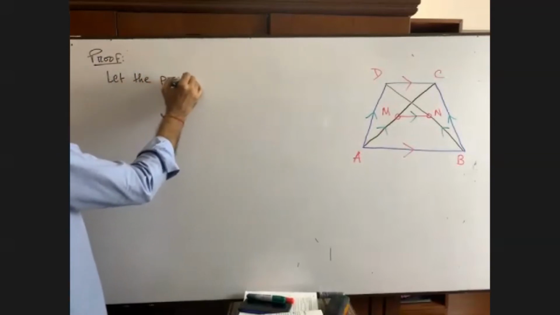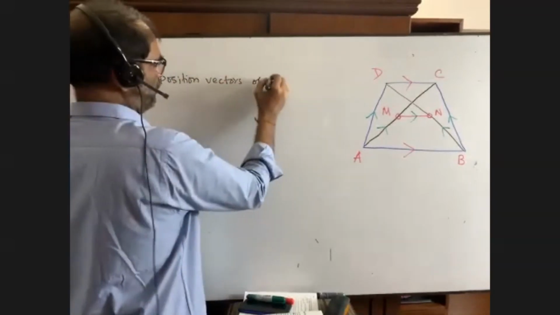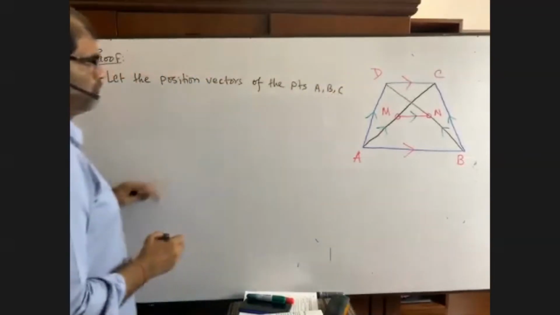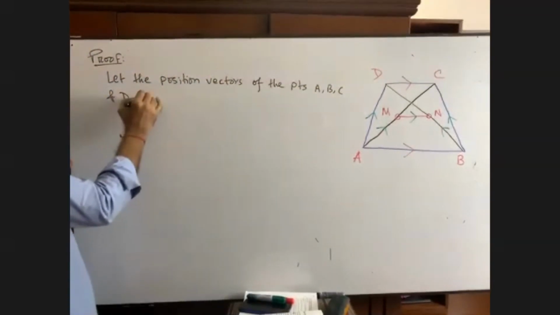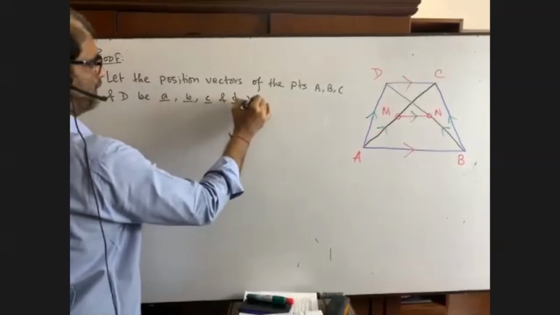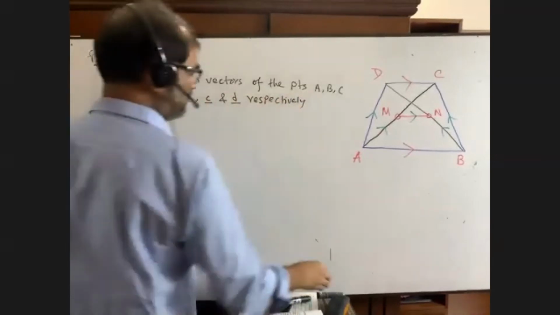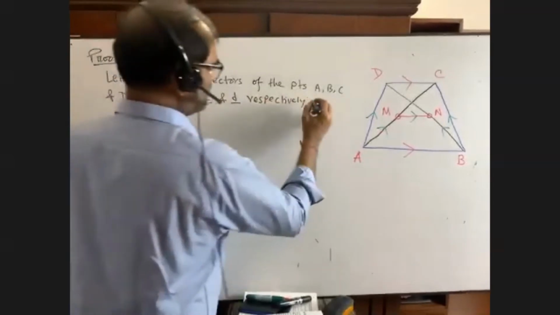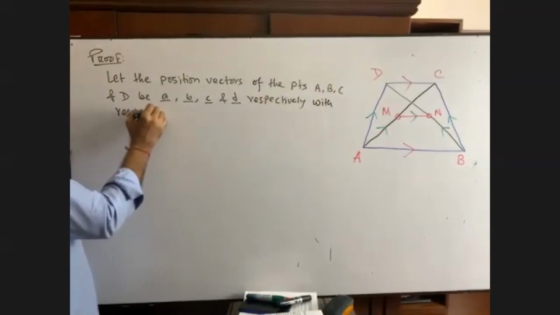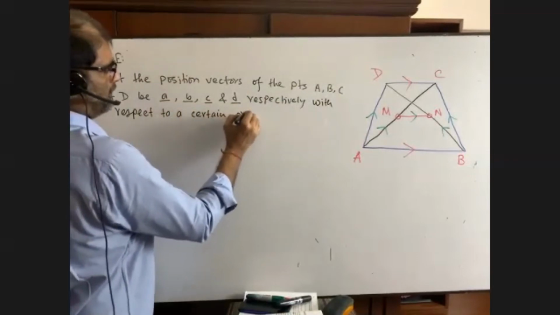Let the position vectors of the points A, B, C, and D be a, b, c, and d respectively with respect to a certain origin.